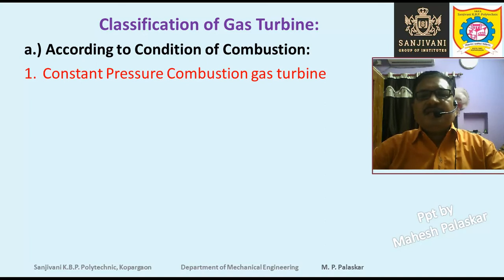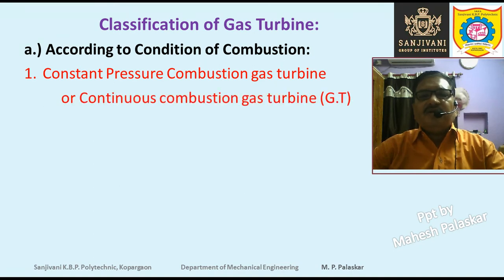When the combustion takes place at constant pressure in the combustion chamber of the gas turbine, it is called the constant pressure combustion gas turbine, or the continuous combustion gas turbine. Since the combustion takes place continuously, there is no abrupt increase in the pressure. So the pressure is almost constant in this type of gas turbine.